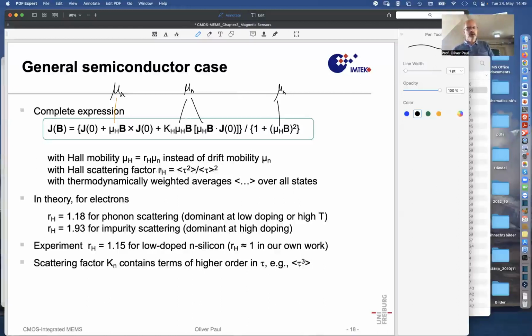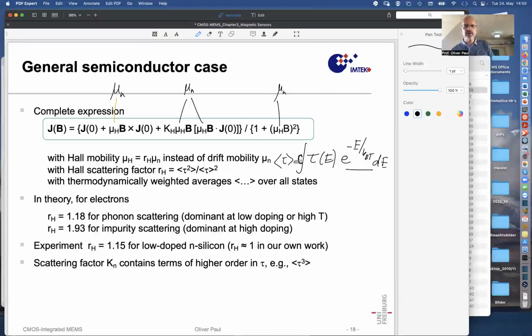So just so that you know how this comes about: for instance, for RH, one has to compute some averages. So this means average tau square. And average in what sense? Well, tau is a function of E, and then you average something over the Fermi function, which under the circumstances is some e to the minus E over kBT, dE, and this would be, for instance, an average of tau, with a normalization constant.